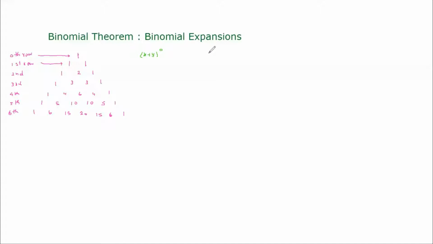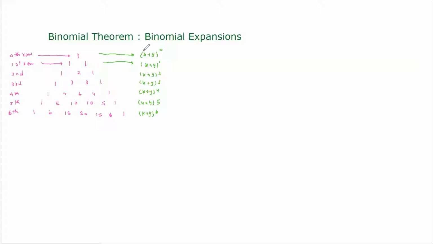This matches the 0 row, and the first row is x plus y to the power 1, then x plus y to the power 2, then x plus y to the power 3, going on up to n. Then power 4, x plus y to the power 5, and x plus y to the power 6.